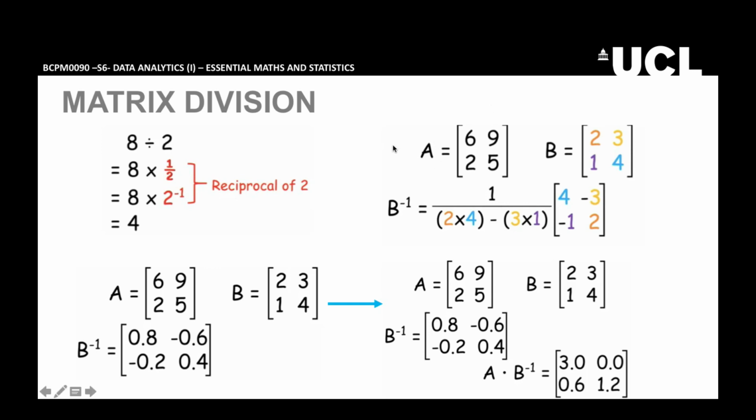Here we want to divide A by B. So we will have to obtain the inverse matrix for B. To obtain the inverse of B, we will apply this mathematical formula. Once the inverse of B has been obtained, we just need to multiply A by B to the power of minus 1, which is the inverse of B.